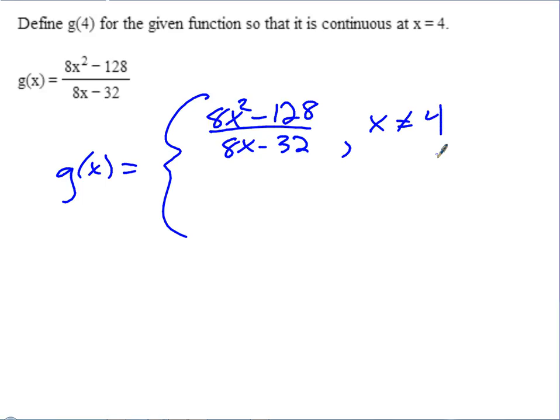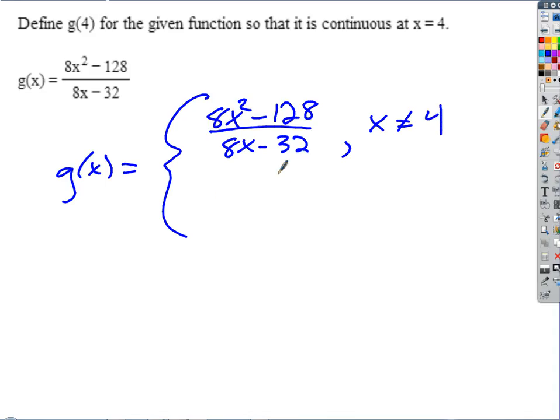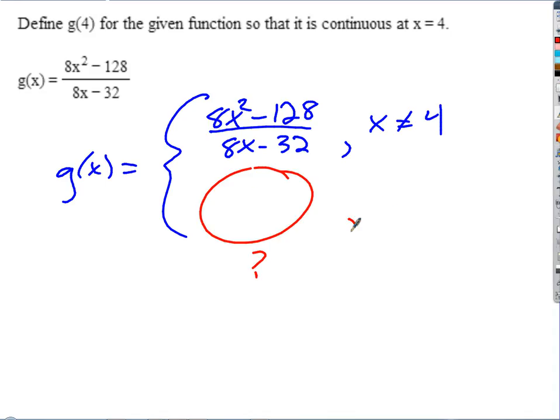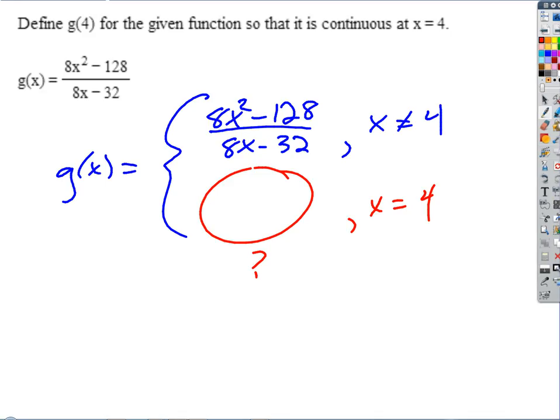That's the function that's defined every place except x equals 4, but it's undefined at x equals 4 because we've got that 0 on the bottom and the top, turns out. So we need to know then, what are we going to put there when x equals 4 so that it's continuous? In other words, we're going to add a point at x equals 4, but we got to put it in the right spot. What we don't want to do is this.